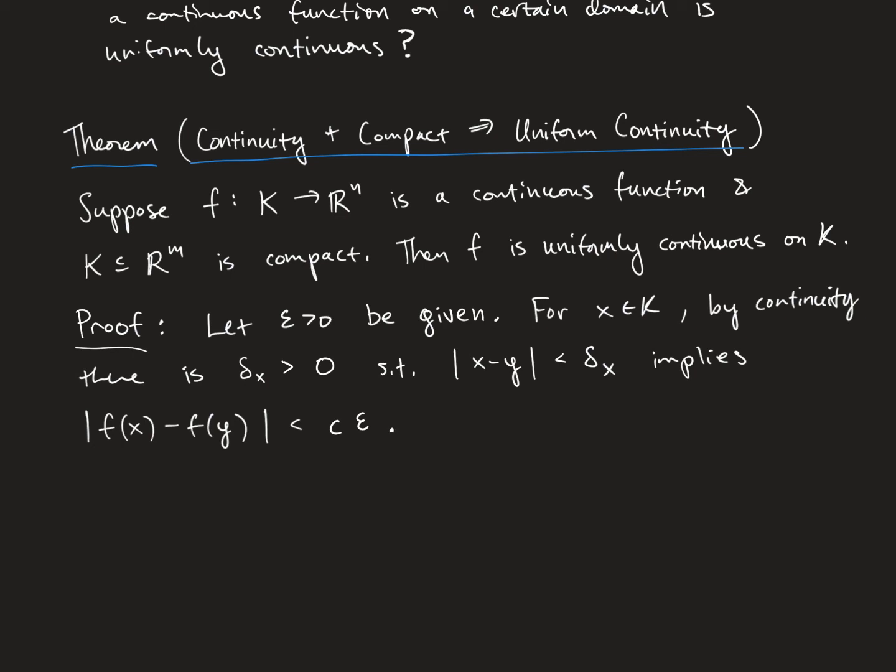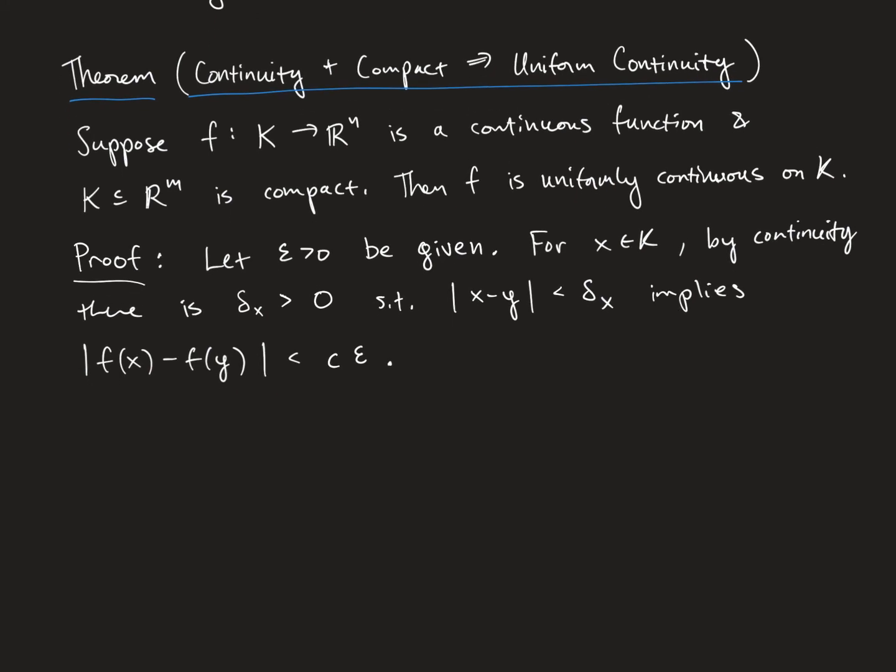Okay, so the image we have here then is this set K. For every x in K, I can find a little delta x ball, so this is a ball of radius delta x around x, with a certain property. If I look at the distance between f of x and f of y coming from this ball, then that's very small.